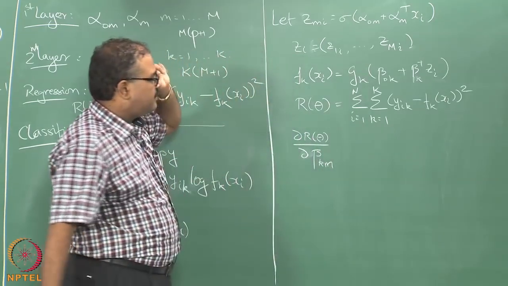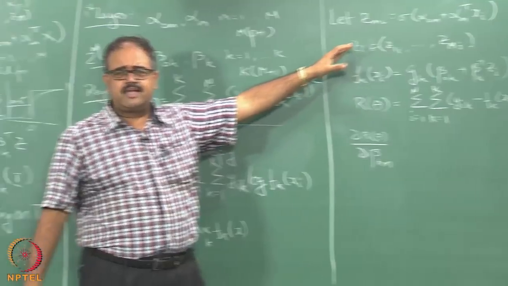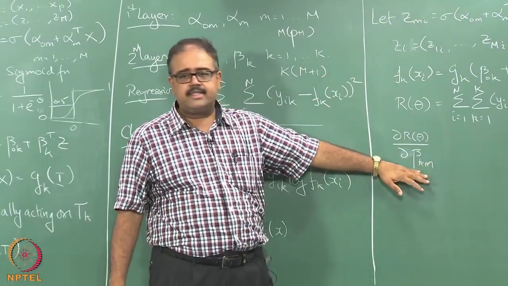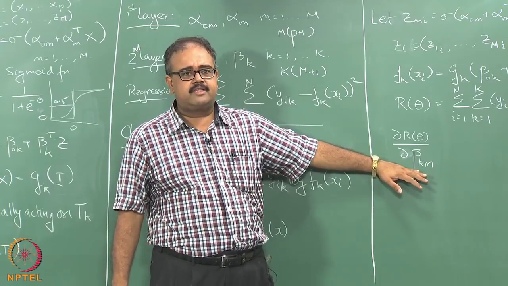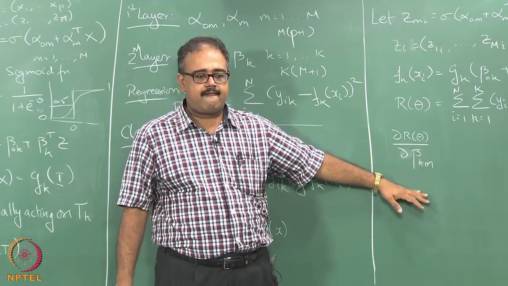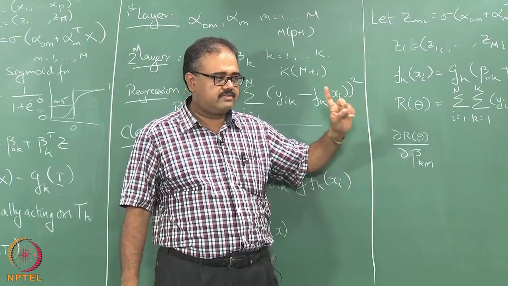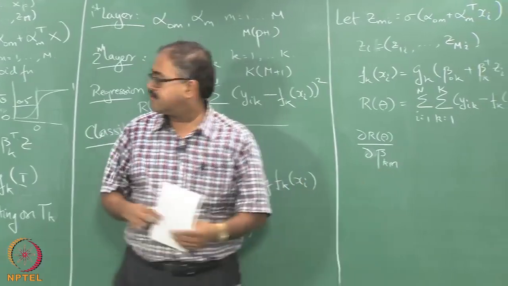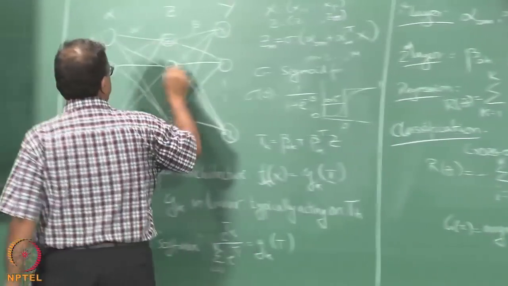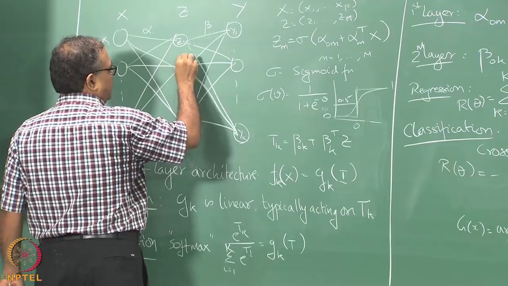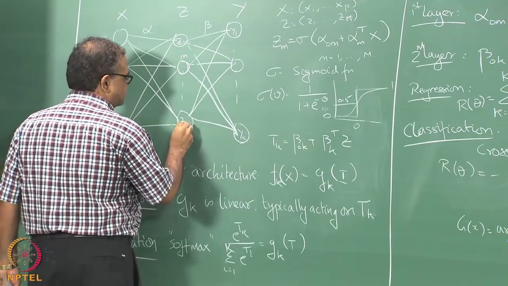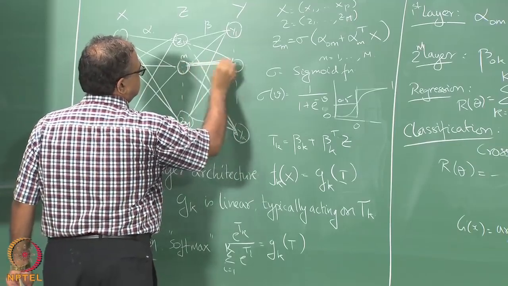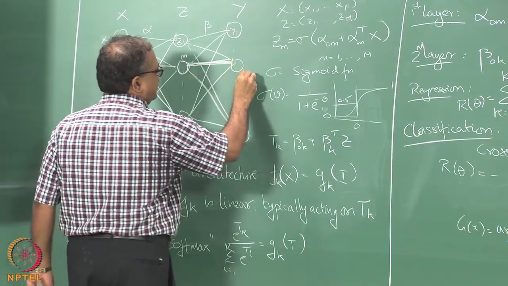So I am basically going to use gradient descent. I have squared error, so I am going to take the derivative of the error with respect to a single output layer weight. This is a weight that runs from some neuron m, z_m, to some output k.